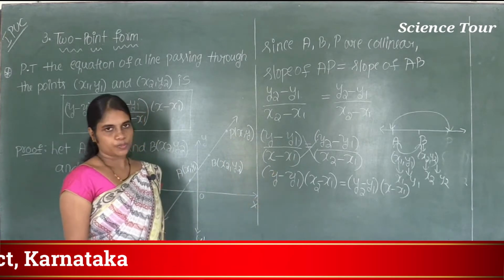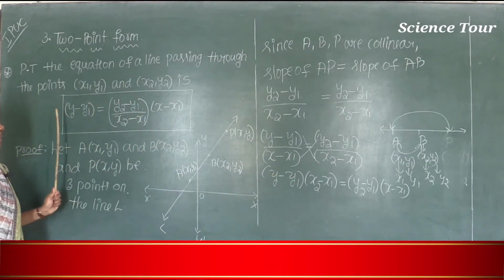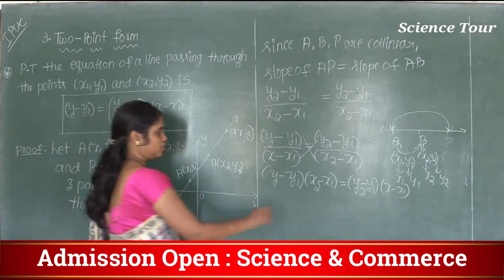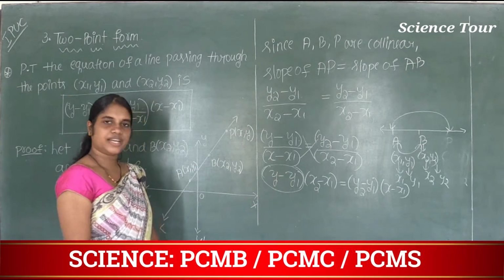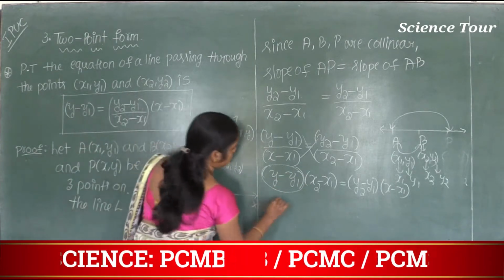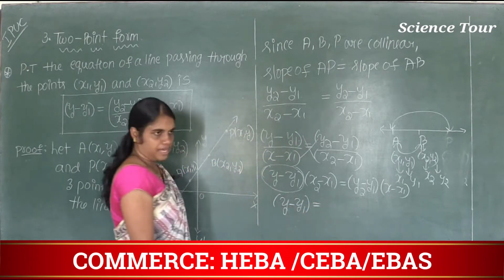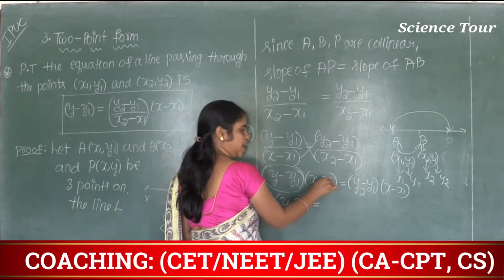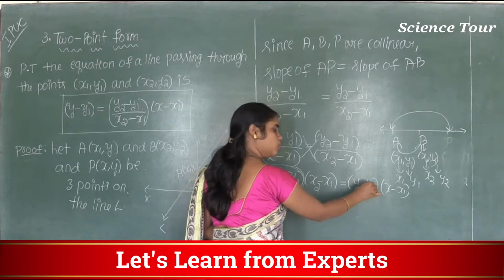Yes. Now actually in the left hand side what you have here? In the left hand side you have y minus y1, isn't it? So therefore, write this y minus y1 in the left hand side itself, equal to shift this x2 minus x1 to the denominator of this y2 minus y1.